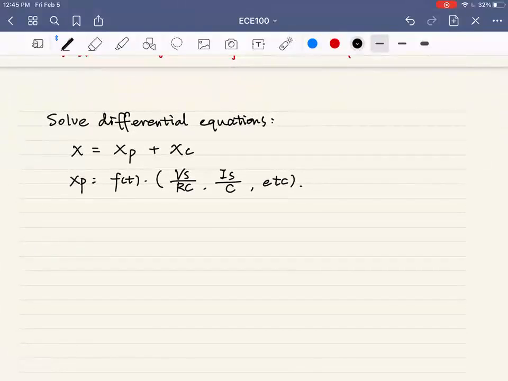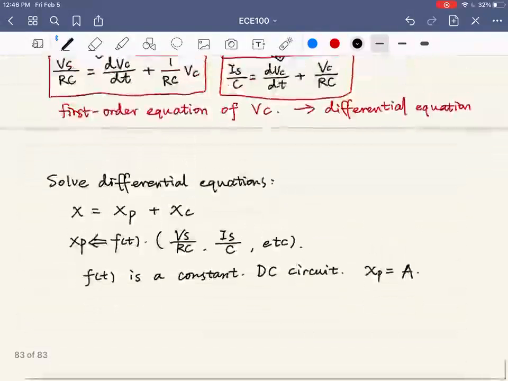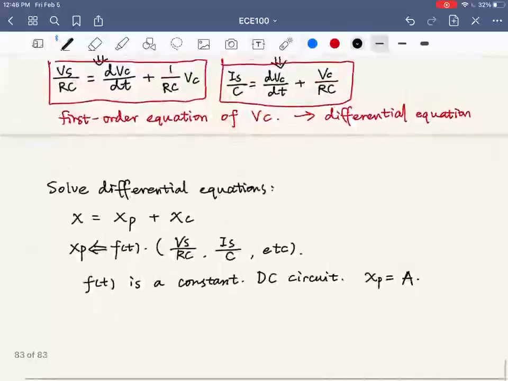And if the FT is a constant, which means that the circuit is a DC circuit, we will guess that XP is in the form of a constant. Let's name it an unknown variable A. And then we substitute it into the original equations.